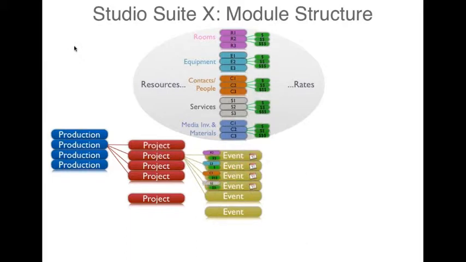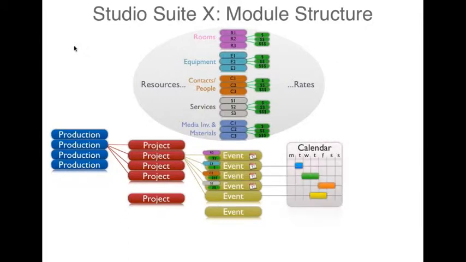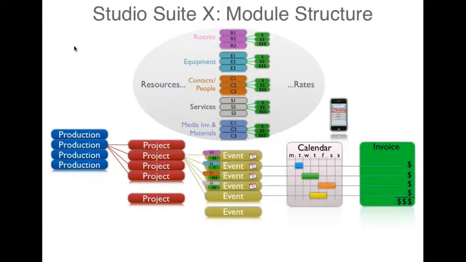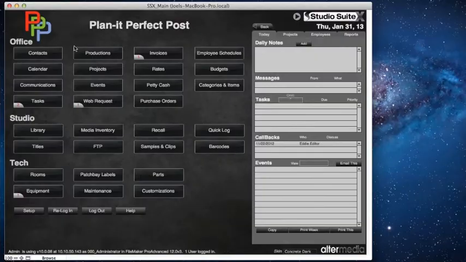So these are the things that also appear in the calendar, which then can appear on your phone, which then can also be sent out to an invoice, because that's what it's all about, making the money. So with that, let's jump over to Studio Suite.